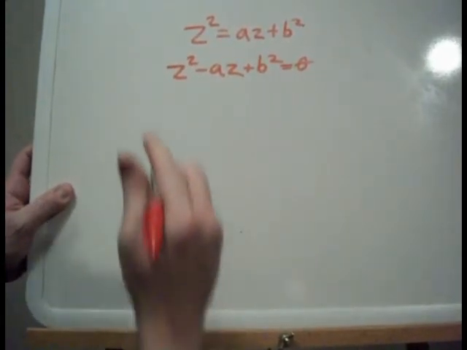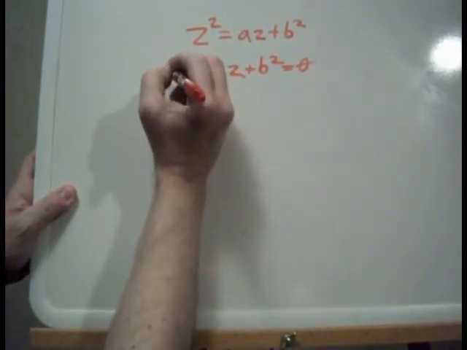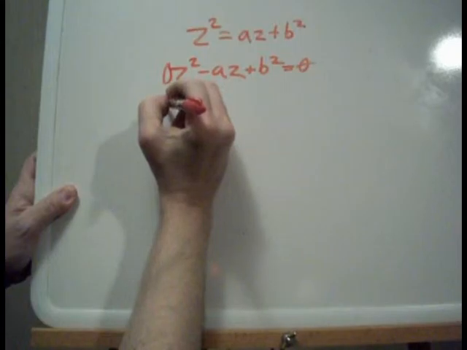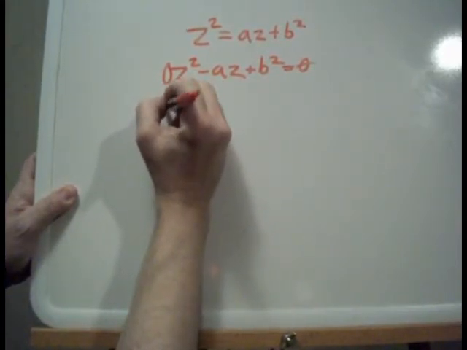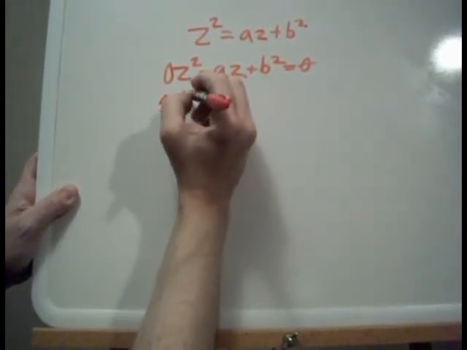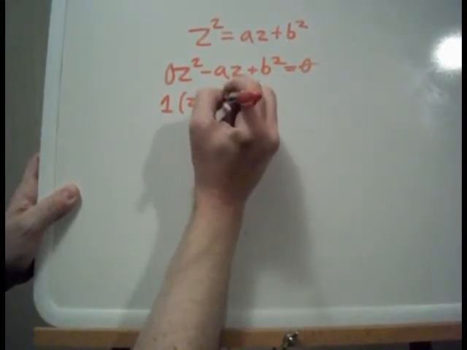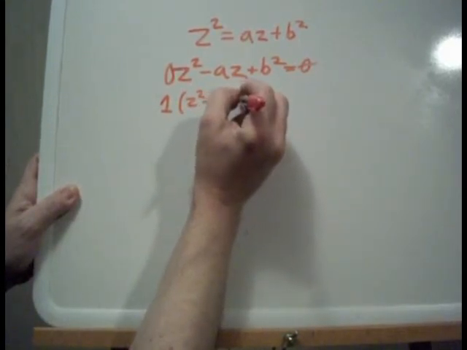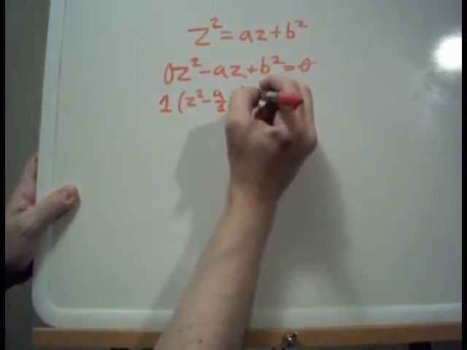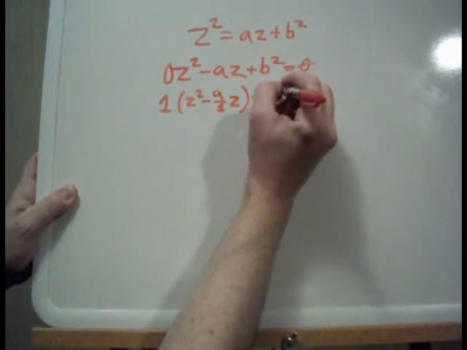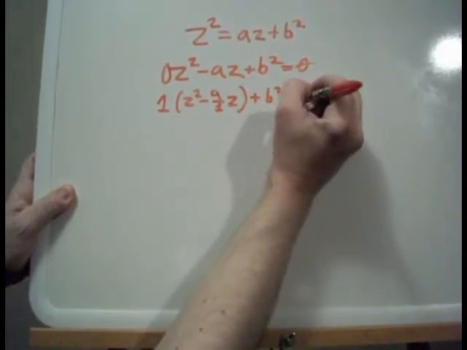Alright, so what is the coefficient of this first term? Well, it's going to be 1. So we're going to extract 1 out of Z squared minus a over 1 z plus b squared, which of course equals 0.